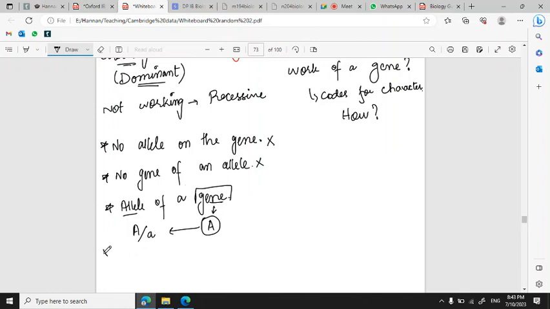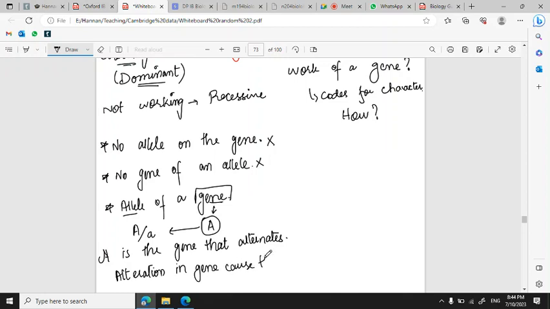Because it is the gene that alternates. Alterations in a gene cause the formation of alleles.